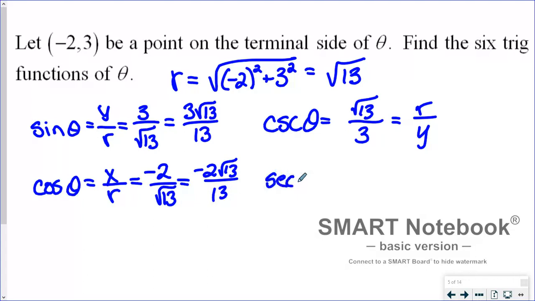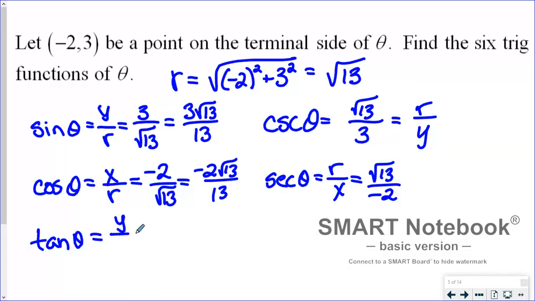And its reciprocal, secant, we know would just be r over x. So in this case, the square root of 13 over -2. And finally, tangent of theta is equal to y over x.